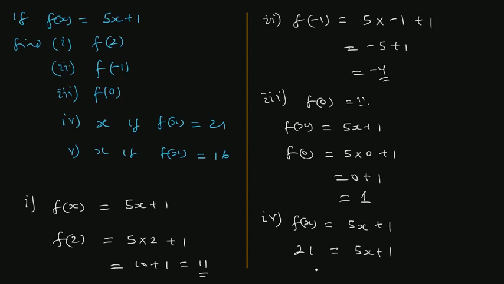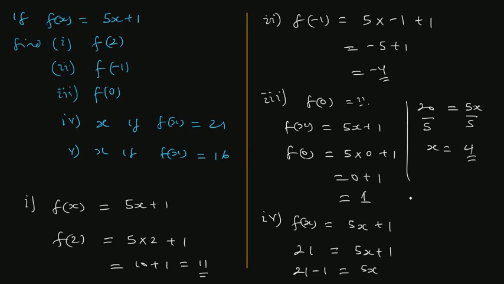Collect like terms. When I bring 1 this side, it will be 21 minus 1 equals 5x. And this will give you 20 equals 5x. So if you want x, divide by 5, divide by 5. So x is equal to 4.